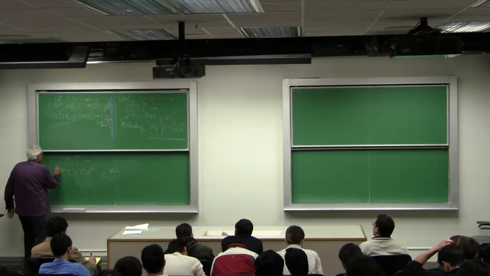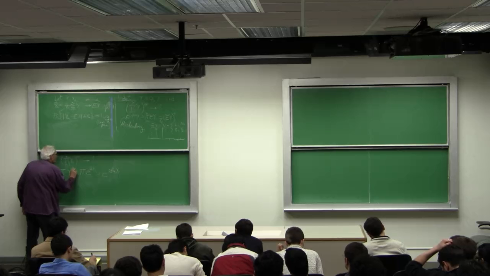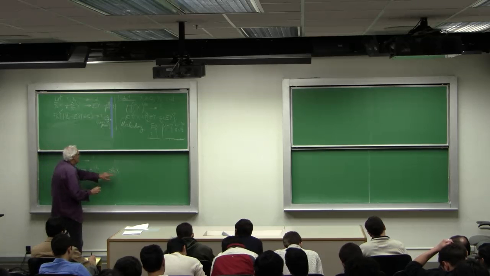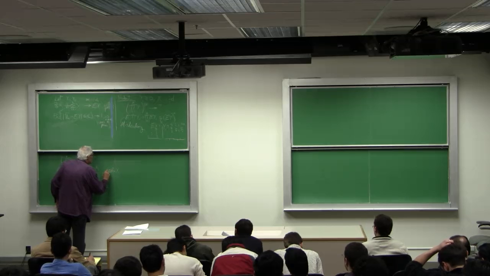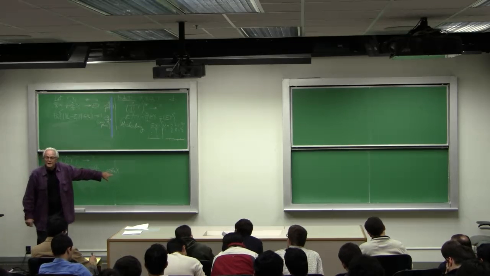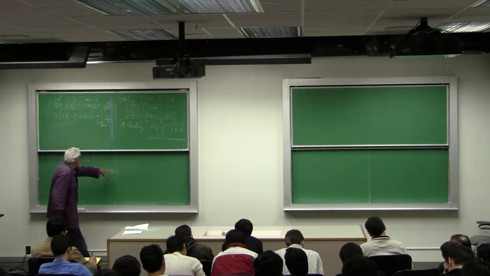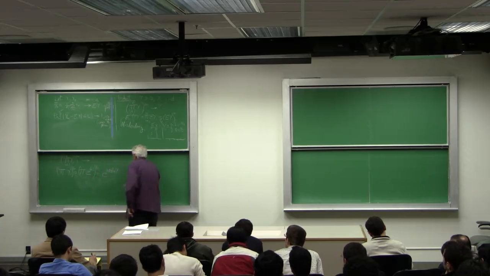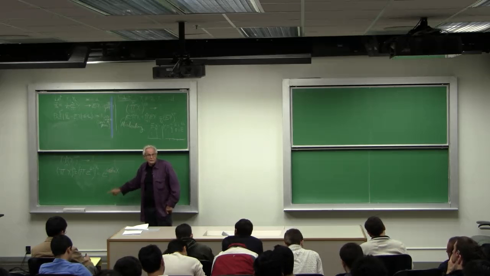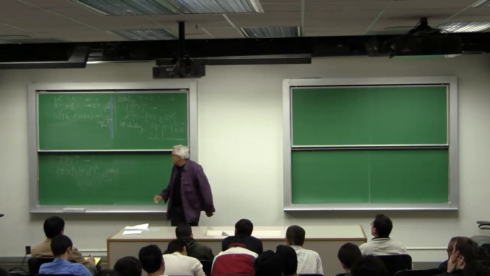Now if we take the nth root here, the nth root comes in here. And now this quantity I know converges in probability to the expected value of the random variable.